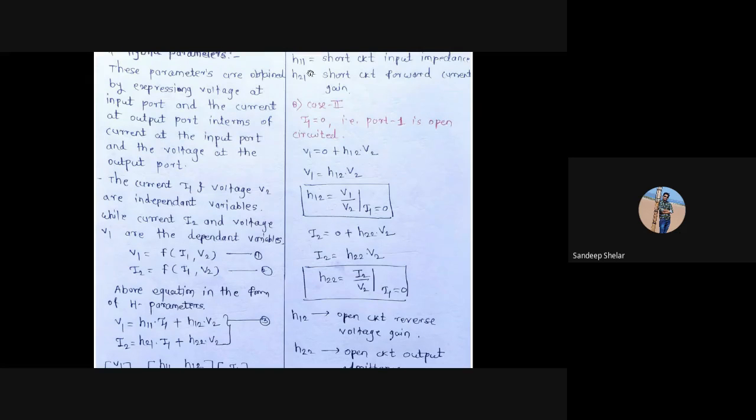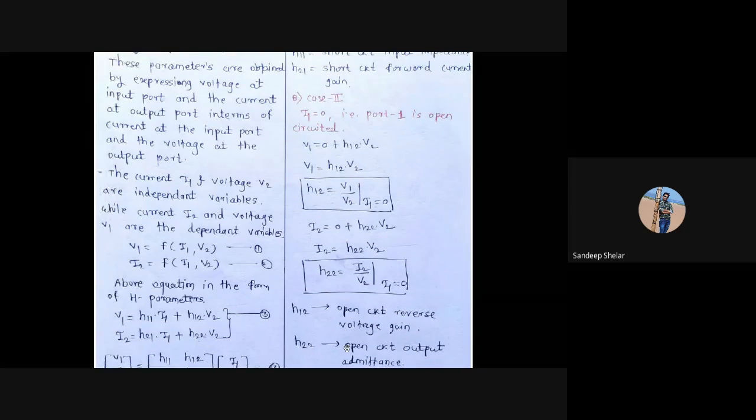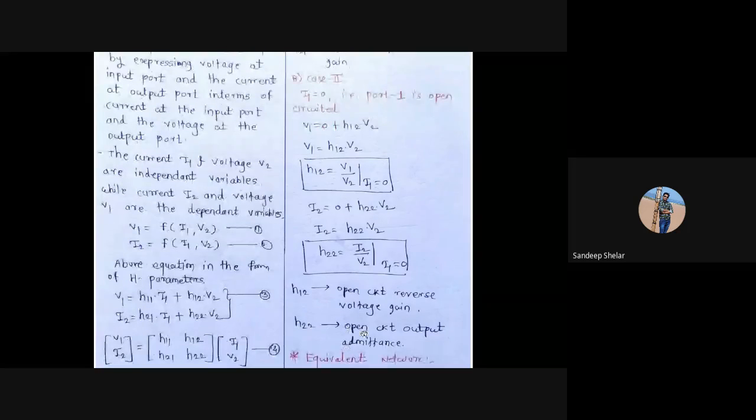Now the parameter H11 is called the short circuit input impedance, and H21 is called the short circuit forward current gain. Parameter H12 is called the open circuit reverse voltage gain, and H22 is called the open circuit output admittance.